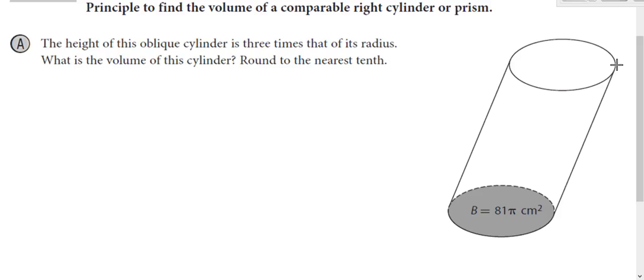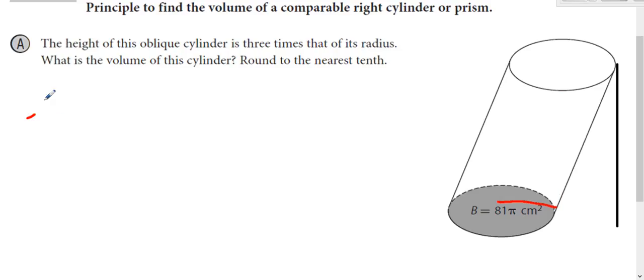We need the height. It's the area of the base times height. So the height of this oblique cylinder is 3 times that of its radius. So now I guess we need to know the radius, so we can multiply it by 3.